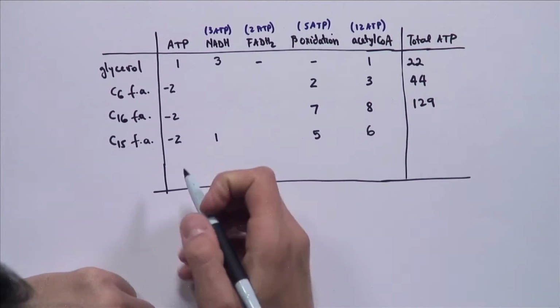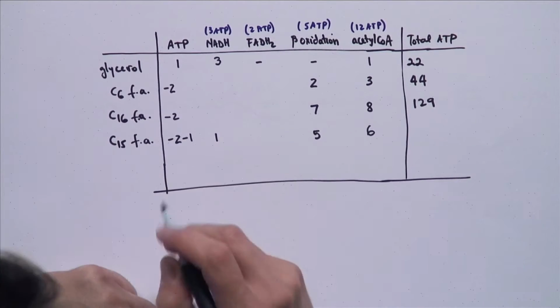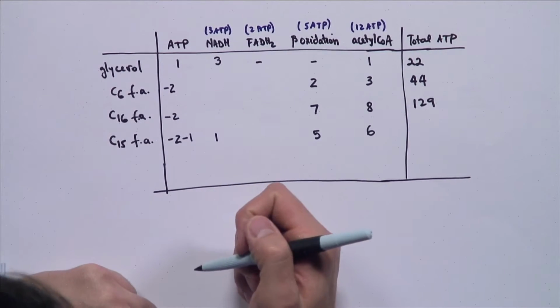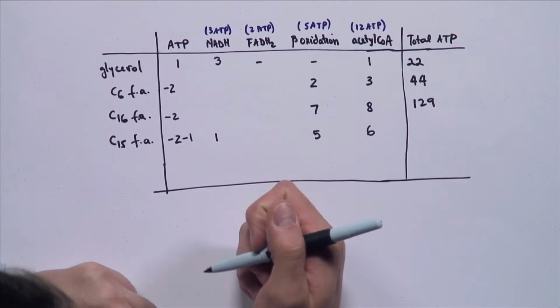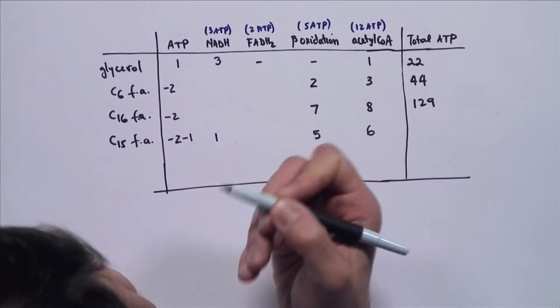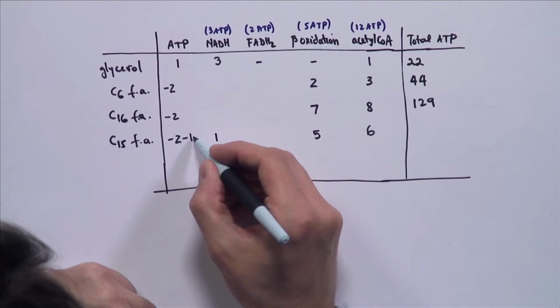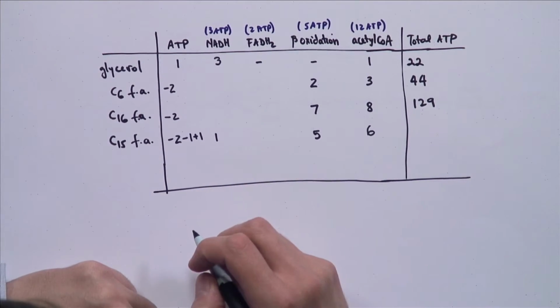So now let's go back and update our table with all this information that we found out about propionyl-CoA. As we said, propionyl-CoA required first the loss of another ATP to activate it to form the methylmalonyl-CoA. But then methylmalonyl-CoA converted to succinyl-CoA. Succinyl-CoA generated one molecule of GTP. So we're going to put +1 back here.